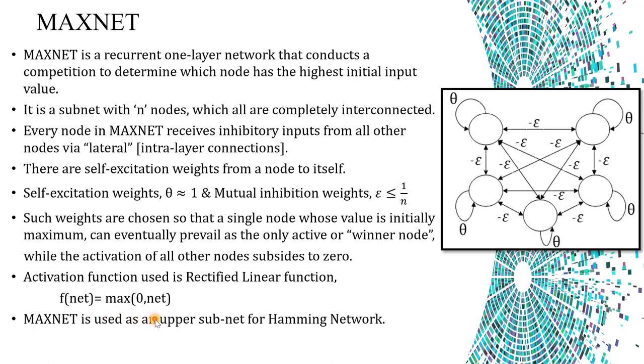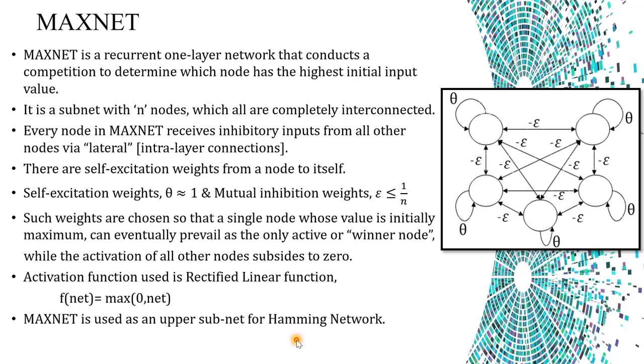Now Maxnet is used as an upper subnet for a Hamming network. What we have seen is that a Hamming network determines the Hamming distance, indicating which of the stored pattern vectors the input vector is closest to. So it will be closest to any one of the pattern vectors.